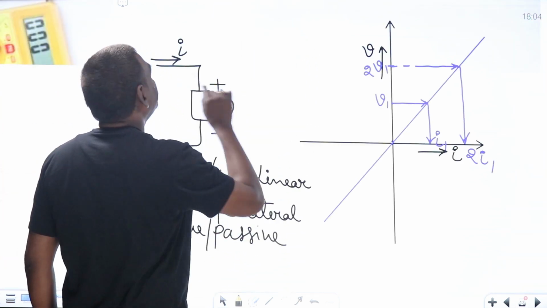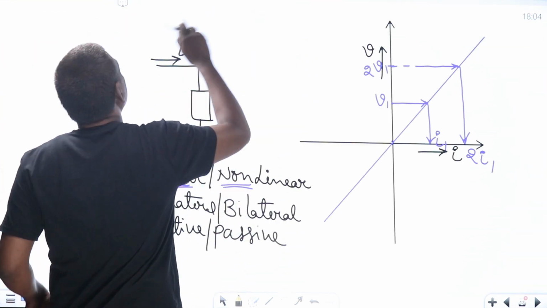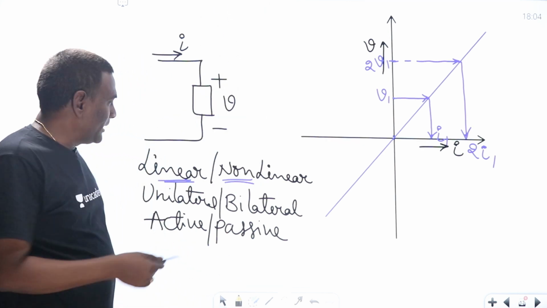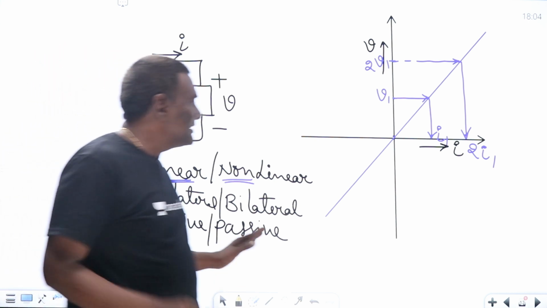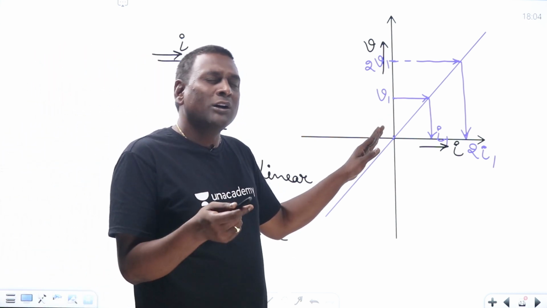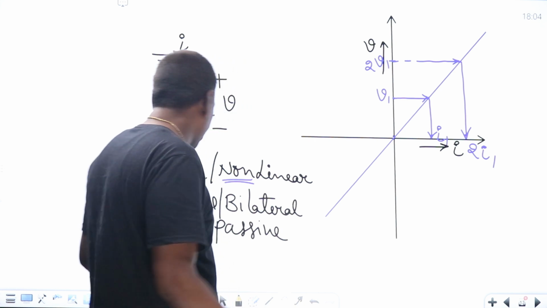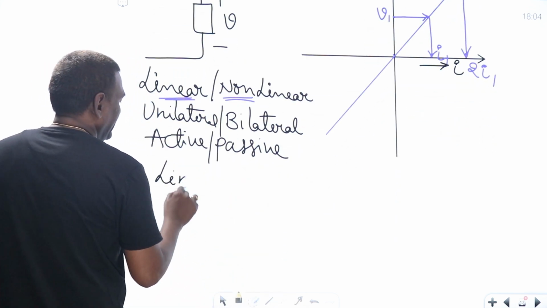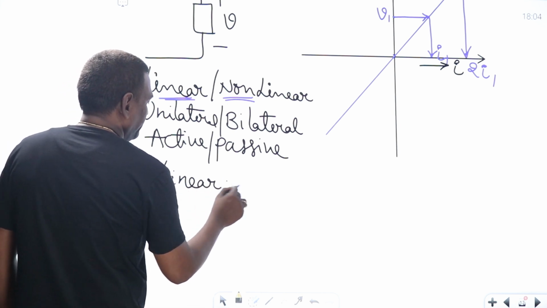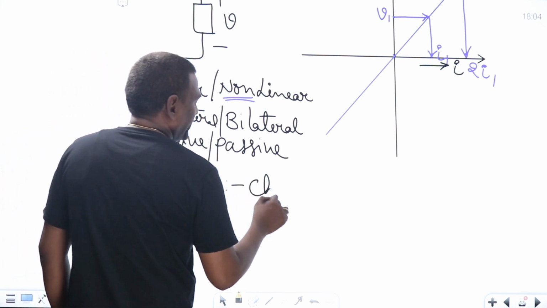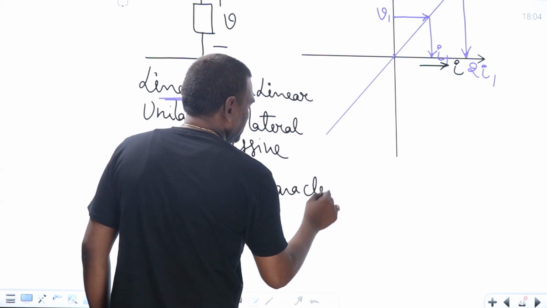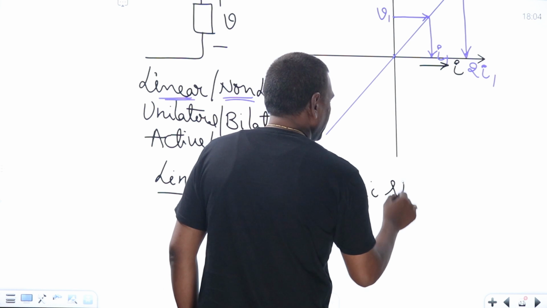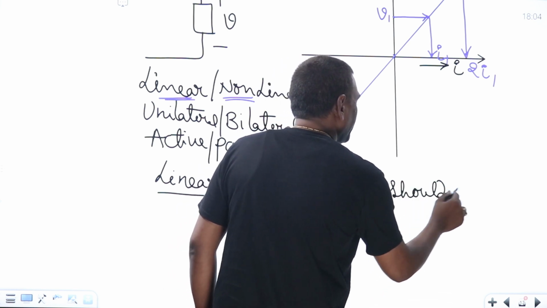So in order to make a statement about linearity, we should check for a continuous straight line. What is meant by continuous straight line? You will come to know later in this session. Linearity means the characteristic should be a continuous straight line.